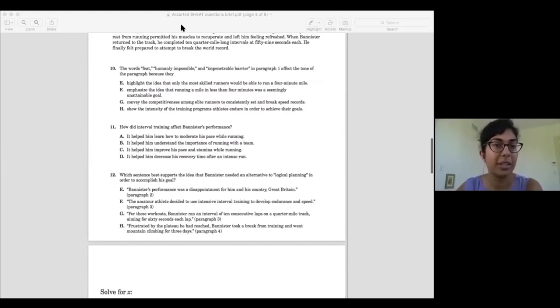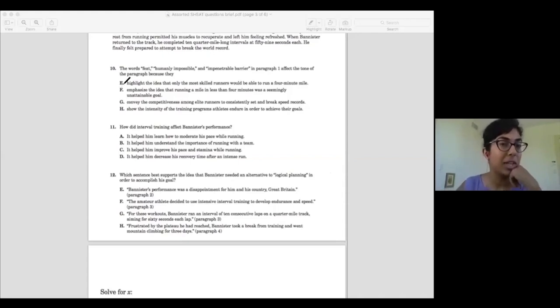Now, this is one that you may not want to eliminate right off the bat because, okay, sure, if something's really impossible to do, then to do it, you'd have to be amazing. But the passage didn't really say that there were skilled runners who could do this, right? We want to stay very close to the facts of the passage. What the passage said was that this was considered impossible. So I might eliminate E altogether.